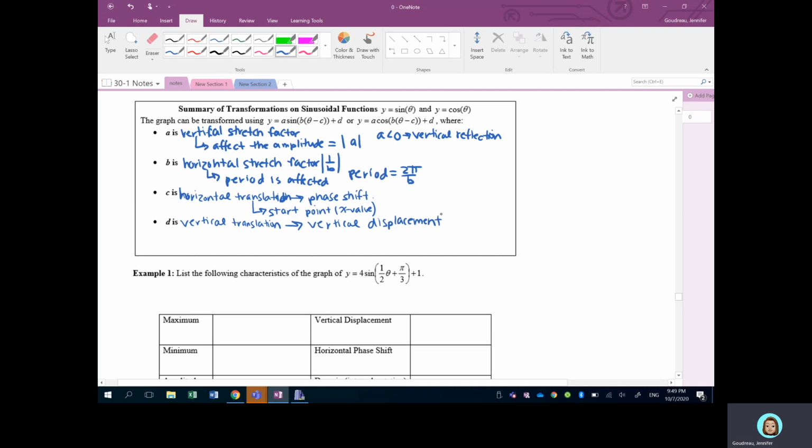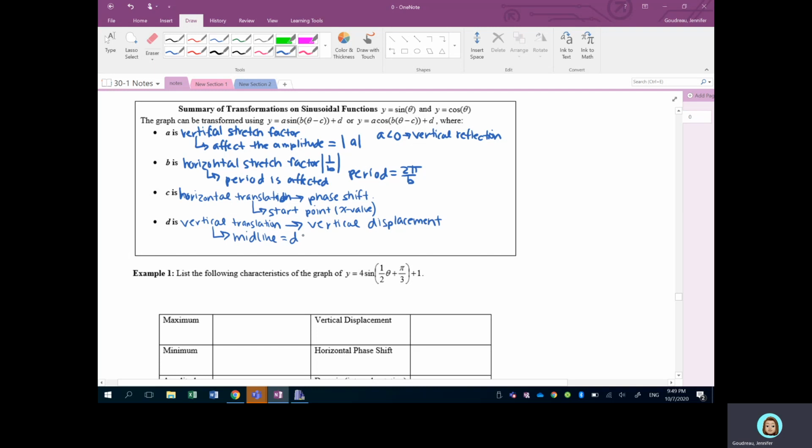And what it actually does is, whatever that D value is, because it's moving the whole graph up and down, the graph is still going to stay symmetrical about that midline. So the midline's at the x-axis. When I move the whole graph up, the midline becomes our D value. So the midline ends up being equal to D.